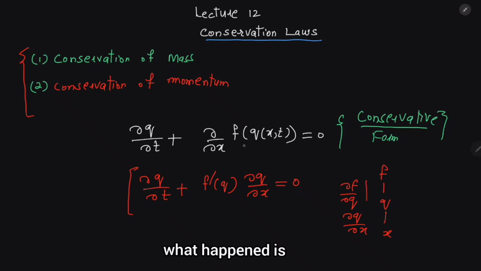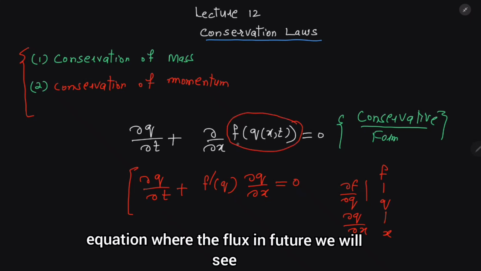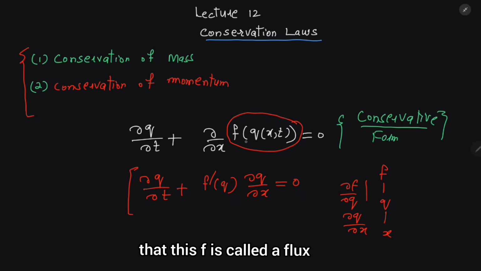What happened is, in the first case, we have written the equation where the flux, in future we will see that this f is called a flux, is written inside of a derivative.